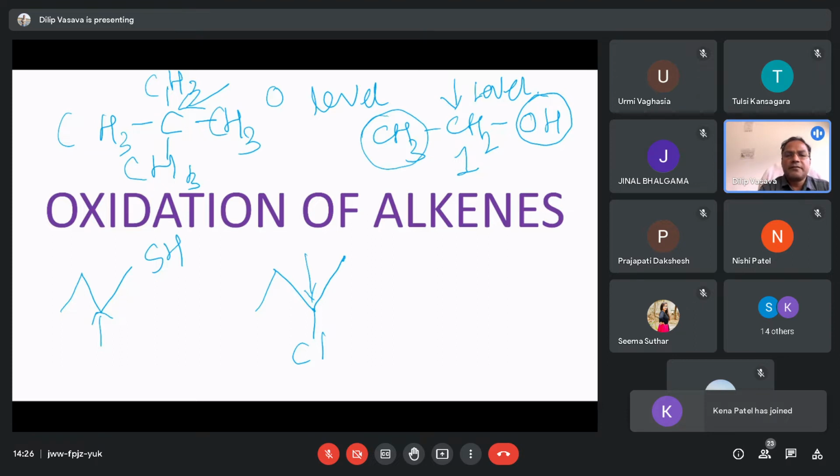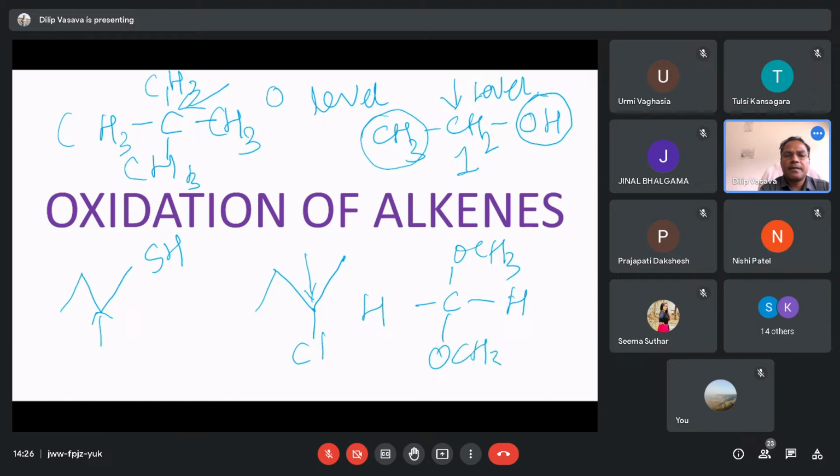Now in place of this, I am mentioning this. What is the oxidation level of this carbon atom? Level 2, because two methoxy groups are attached to the central carbon atom.